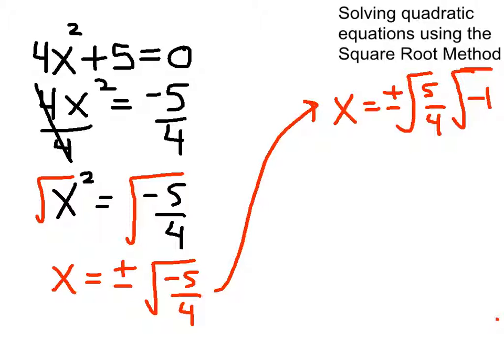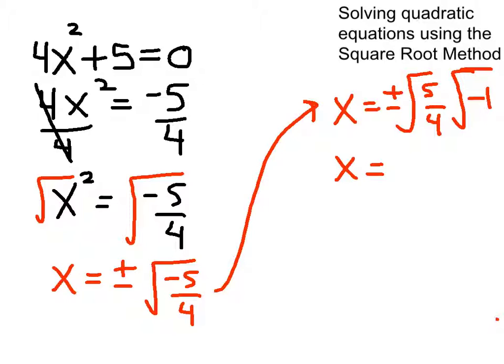Now this square root of 5/4 that you see here can be reduced. You can take the square root of that top and bottom. That top won't break down, but that bottom can be a regular old 2. So I would simplify this problem by the square root of negative 1. Hard time today.